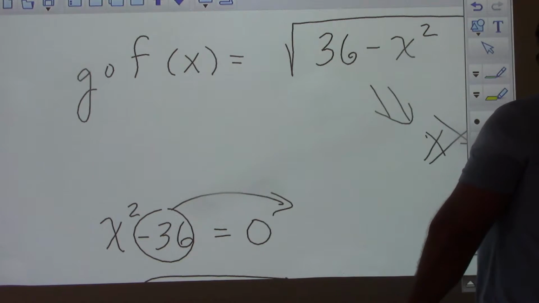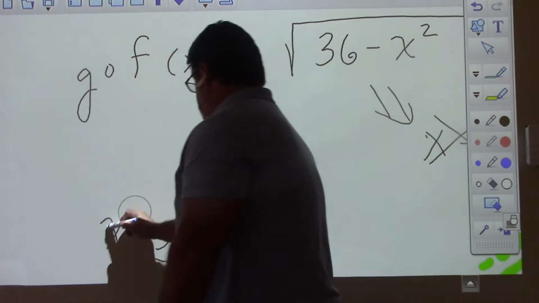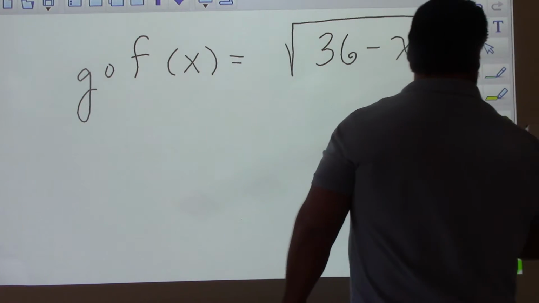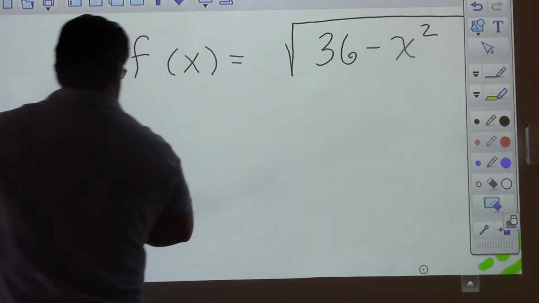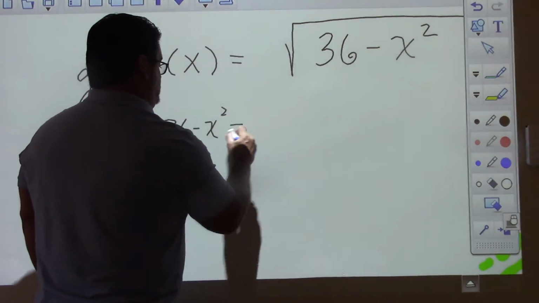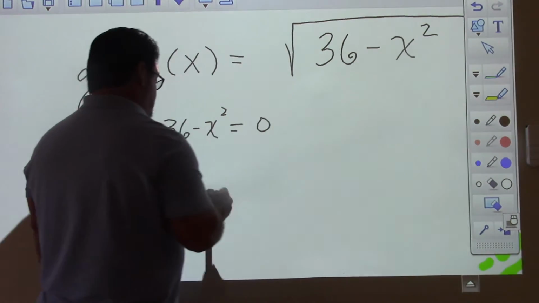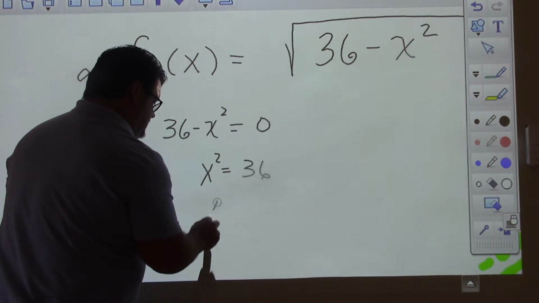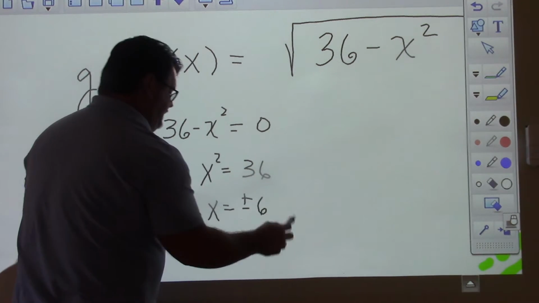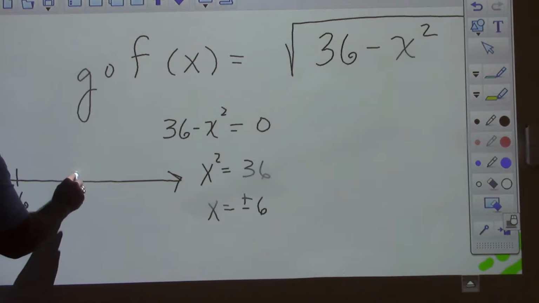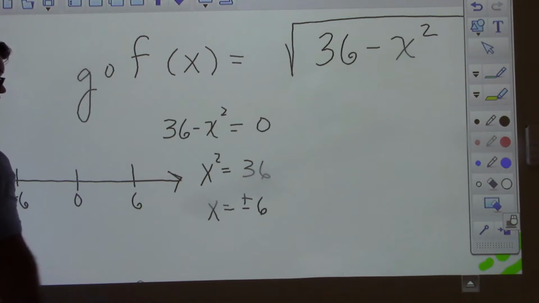And that would be, I'll just use this one. That would be 36 minus x squared is equal to 0. X squared is equal to 36. X is equal to positive or negative 6. And then you negative 6, 0, positive 6.